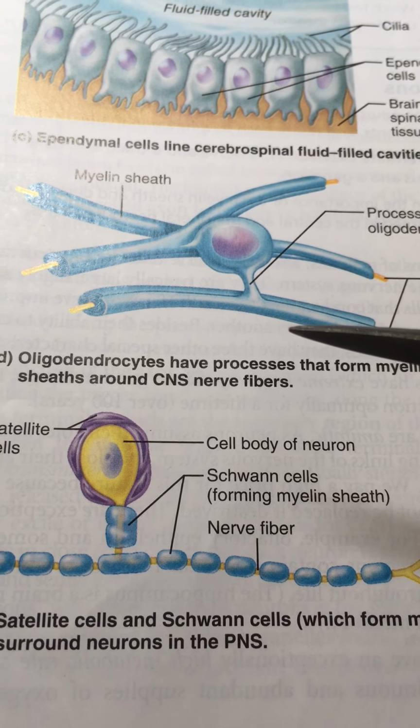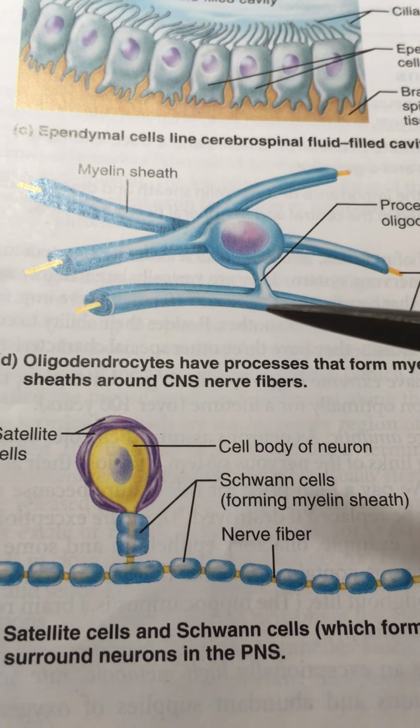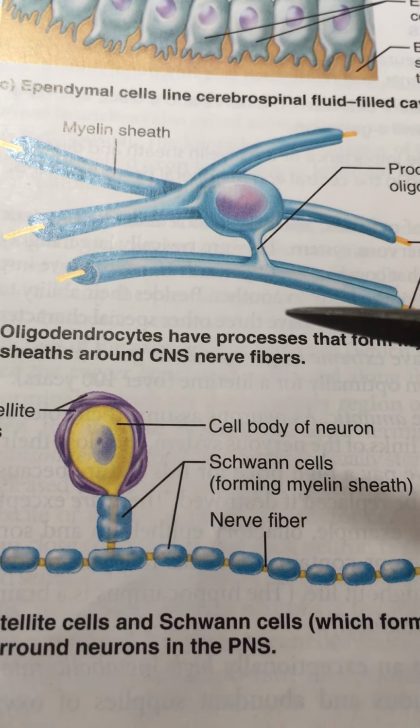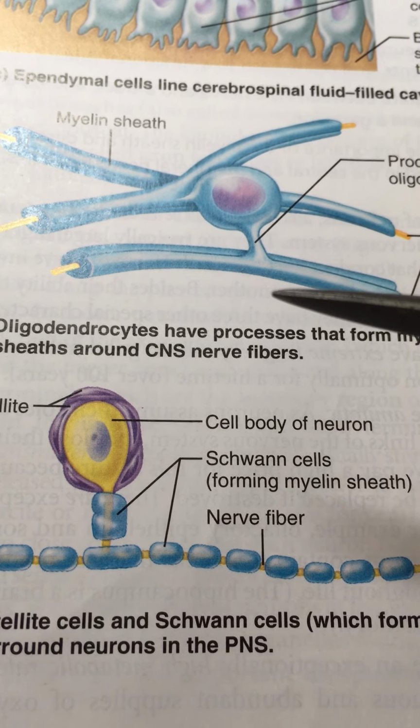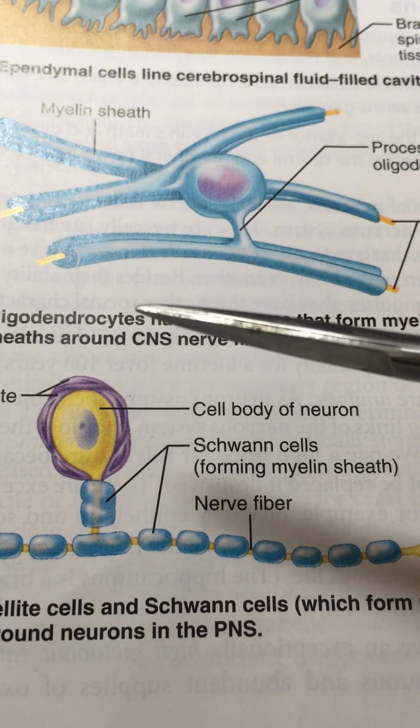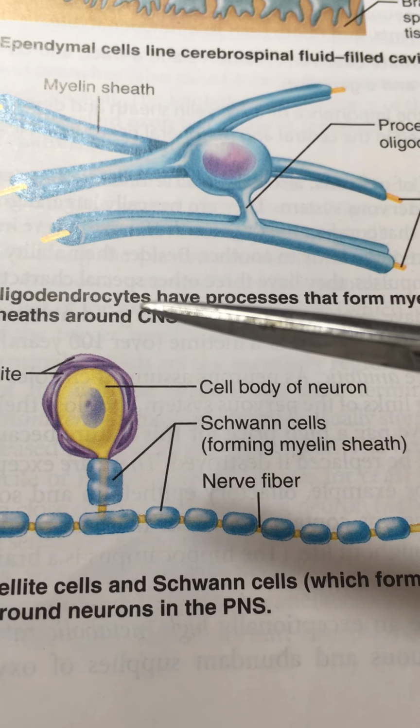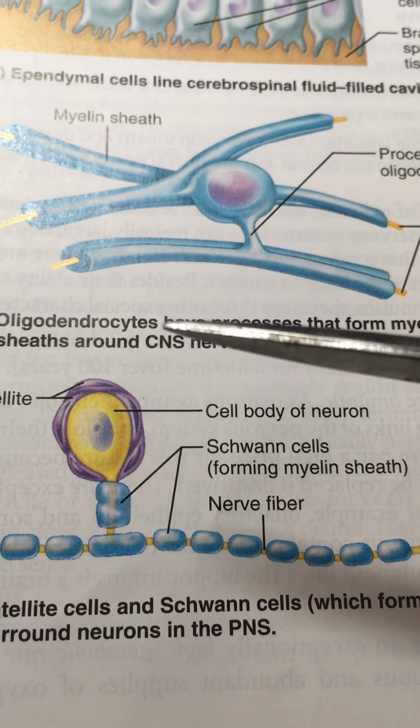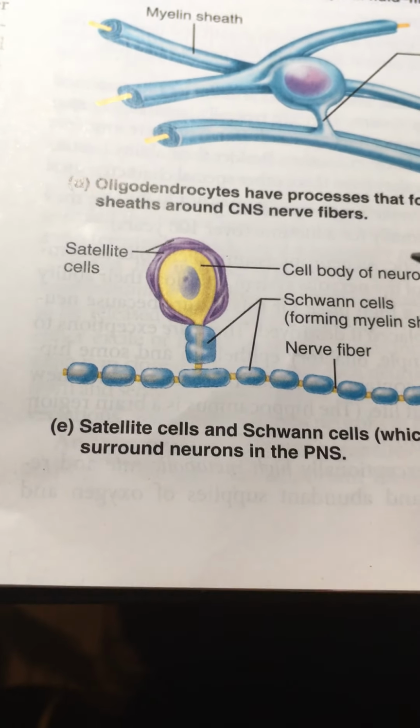And this actually protects the signal, and it also increases the speed of the signal. Very important. The oligodendrocyte is unique to the central nervous system. We have something else that does this in the peripheral nervous system.